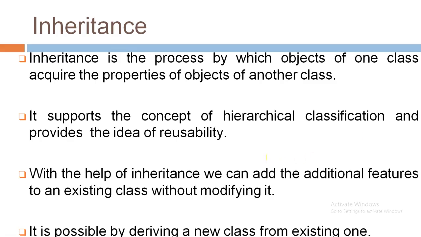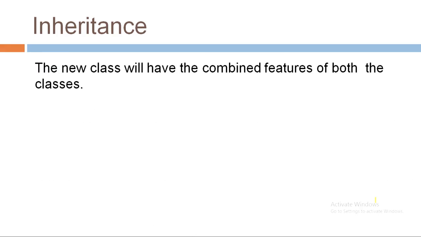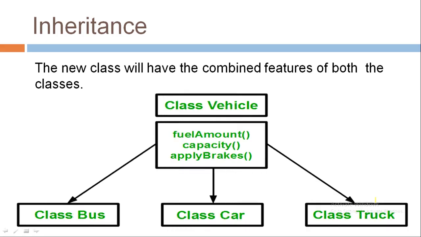With the help of inheritance, we can add additional features to an existing class without modifying it. That means we may have an existing class and want to add more features to that old class, then we can just add these new features to the old existing one. It is possible by deriving a new class from the existing one. The new class will have the combined features of both classes.